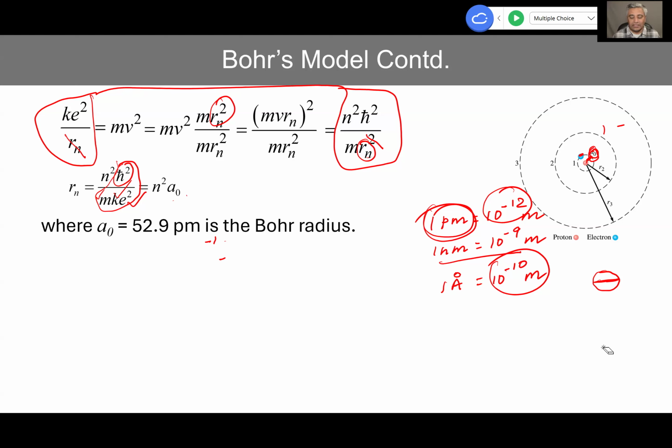And of course, once we go to higher atomic number elements, their size is going to be a bit bigger. But if someone asks you what's the size of an atom, you can say it is in the order of 1 angstrom.